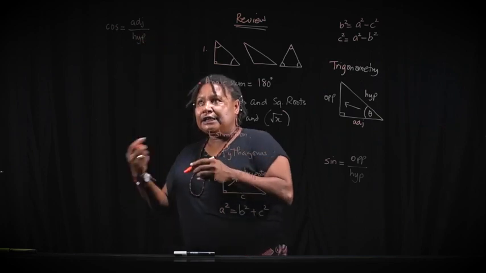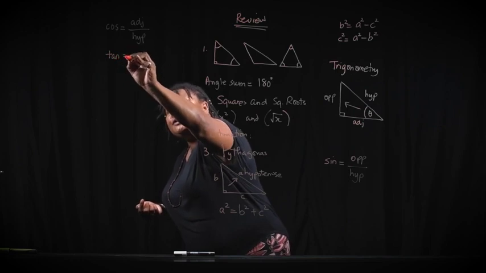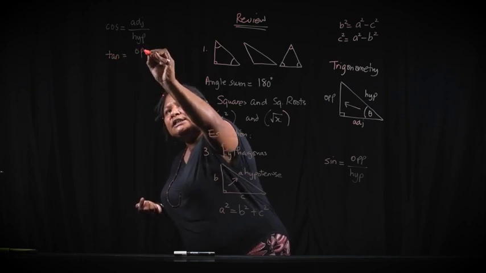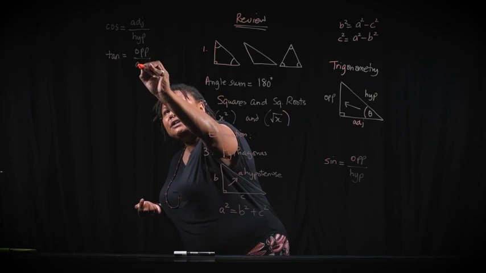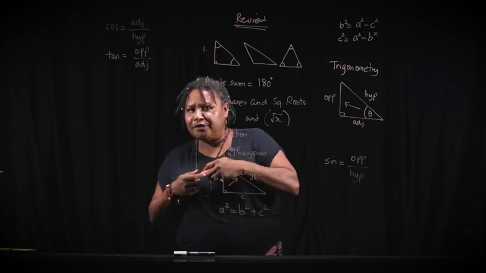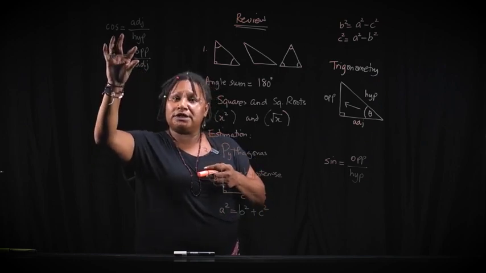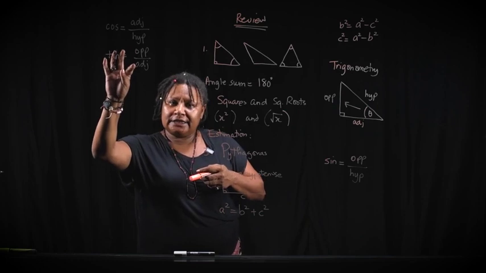Then we have the tangent ratio, which uses opposite and adjacent. In the tangent ratio, we do not use the hypotenuse. We only use the opposite and the adjacent sides.